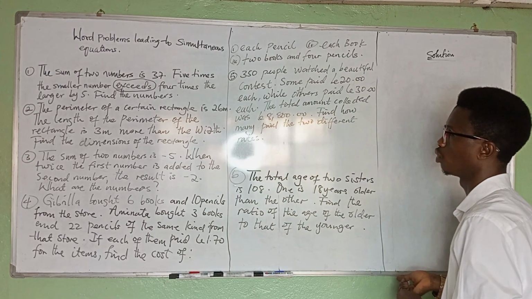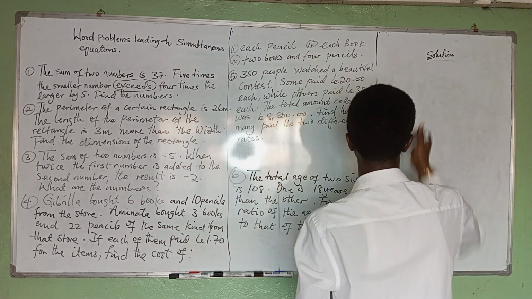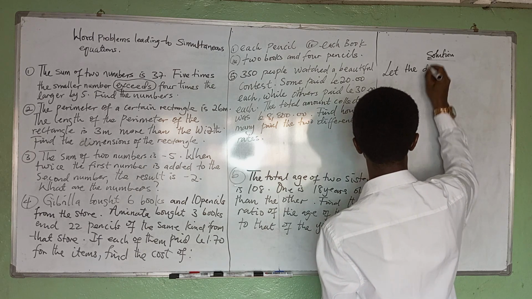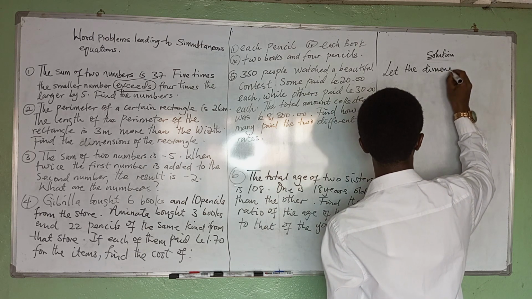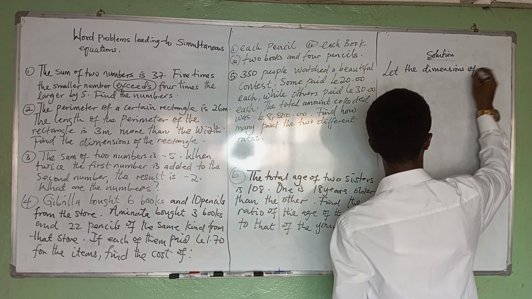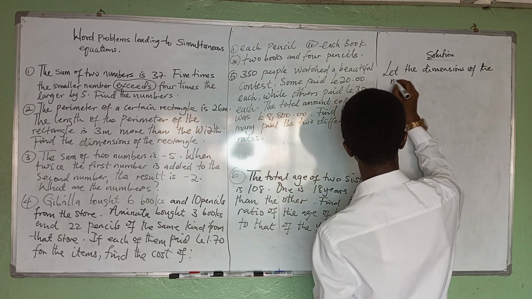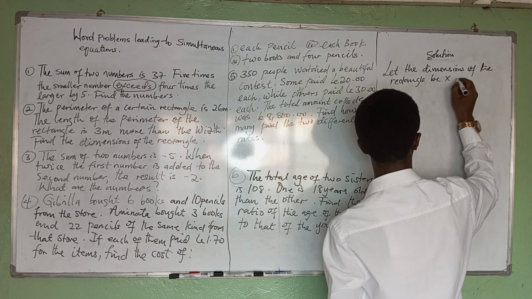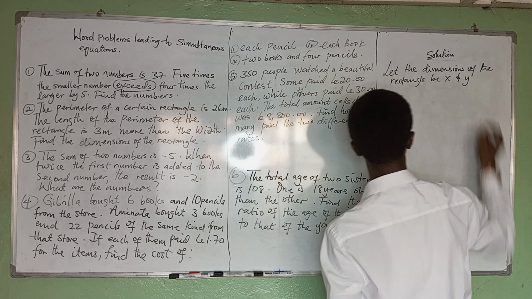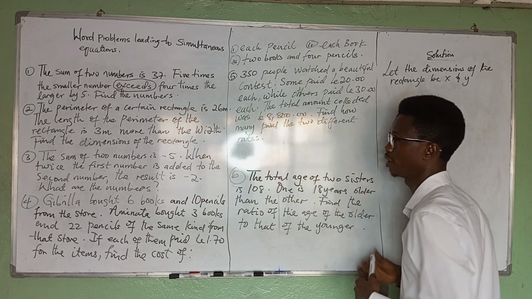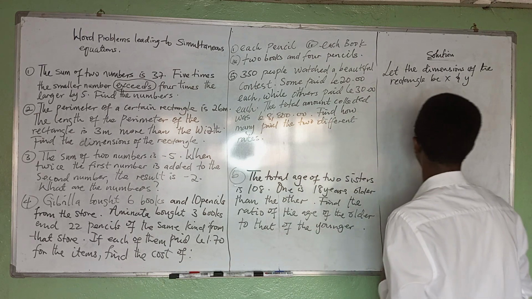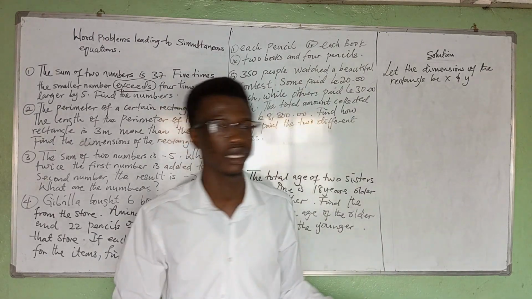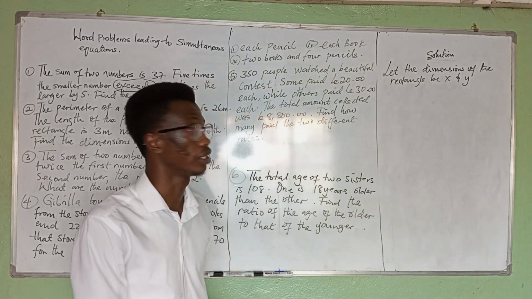Okay, so for the dimensions, let's just say let the dimensions of the rectangle be x and y. Okay, so that's the dimensions of a rectangle, meaning let this one be the length and y be the width.